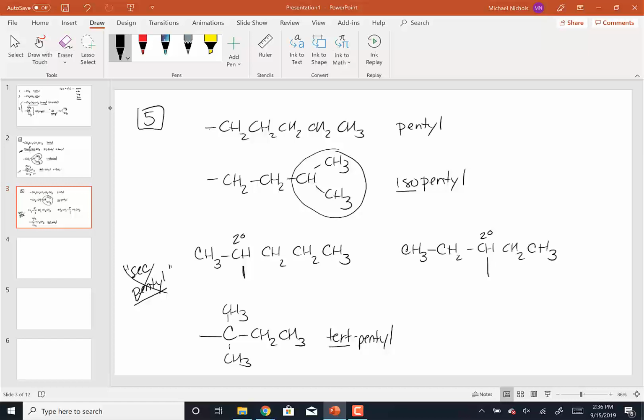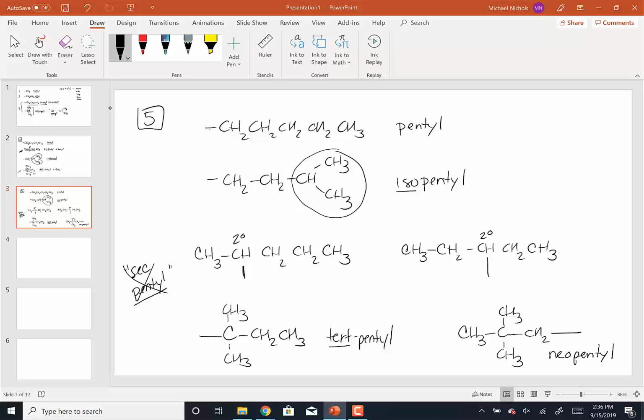Okay, so those 4. There's also another one that's commonly used sometimes, and this group is unique, and this group is called a neopentyl group.